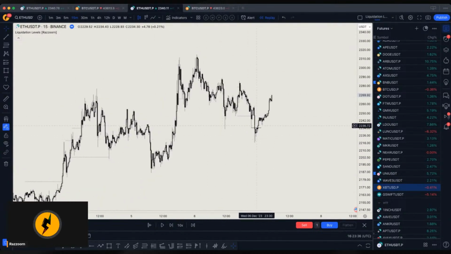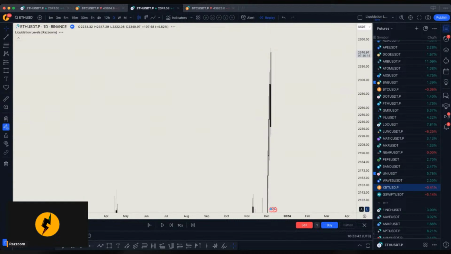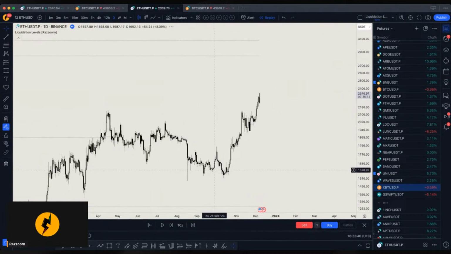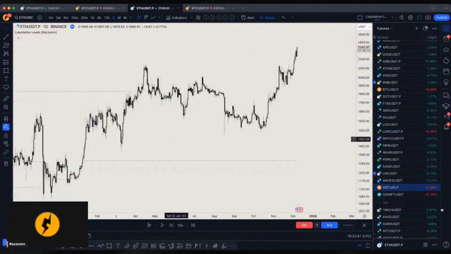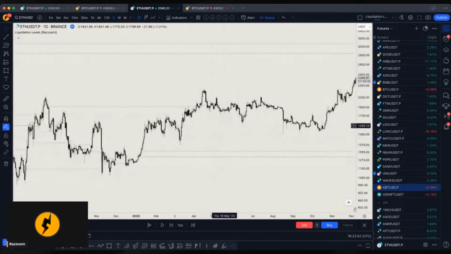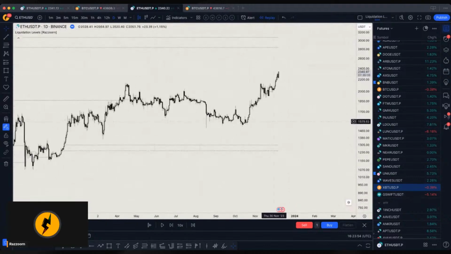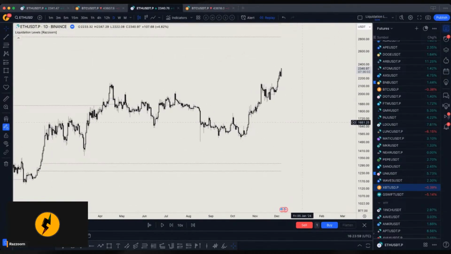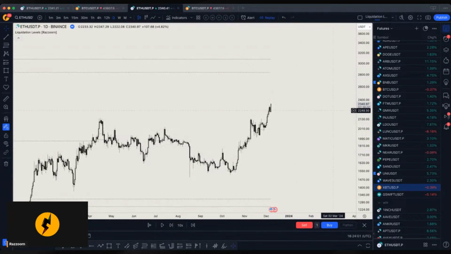I recommend using it on lower time frames. Don't really try to use it on the daily. Of course, you're going to get some levels, and most of the time they're pretty accurate, but I like to use them on lower time frames when I'm scalping.